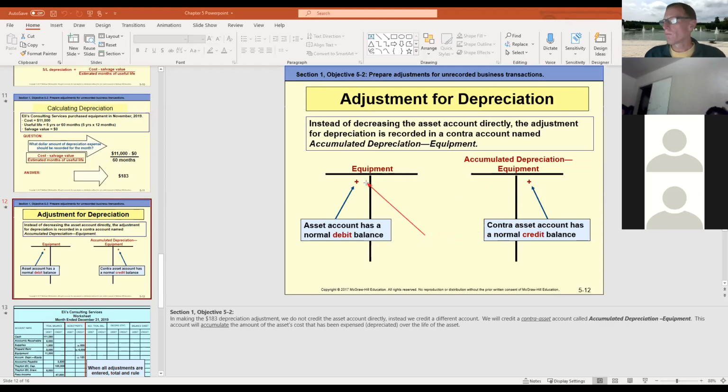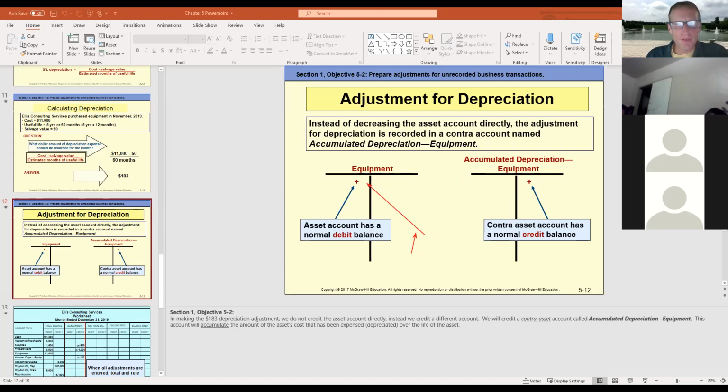So before I get to this, because this always confuses people, especially when you get to an adjusting entry, guys, that equipment account never gets adjusted. Once you bought that asset, it's yours, it's the company's. The accumulated depreciation account is going to be the account you use in your adjustments, because that's going to keep track of how much of this original cost you've allocated to an expense.